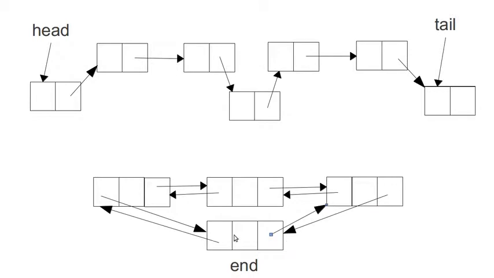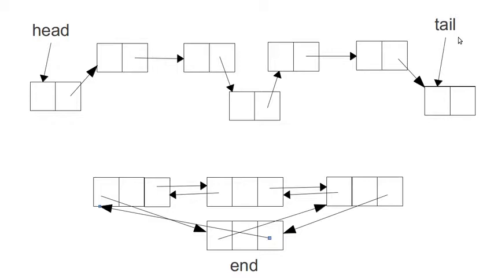So end.next is the head of the list, and end.prev is the tail of the list. So I am keeping a head and a tail, but I'm keeping them kind of implicitly, okay? Not in an explicit form.